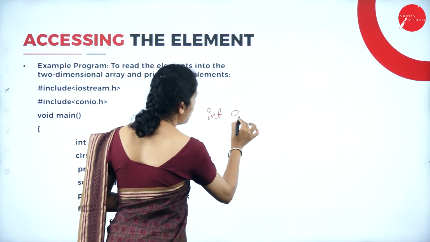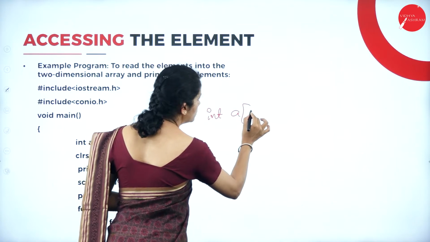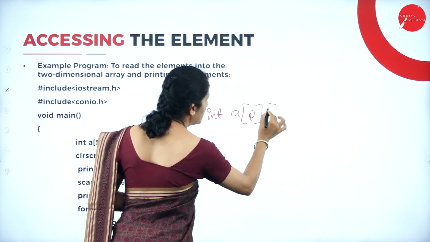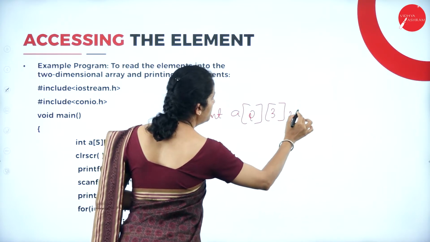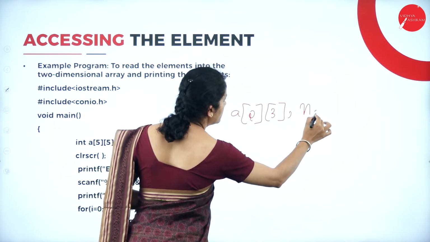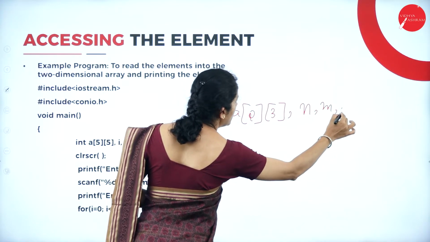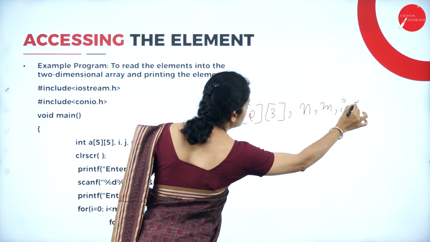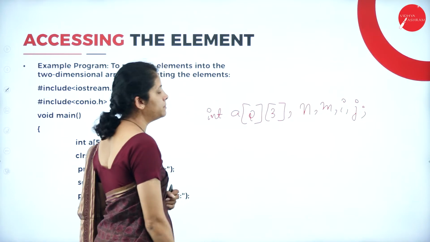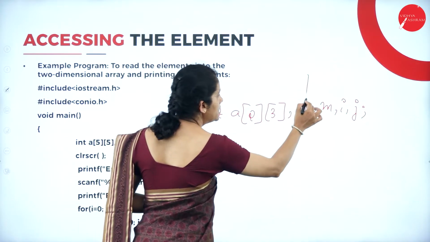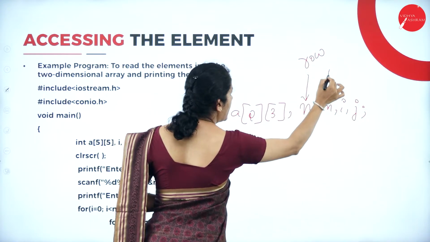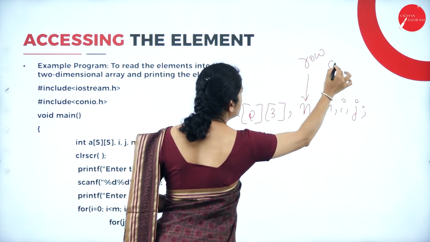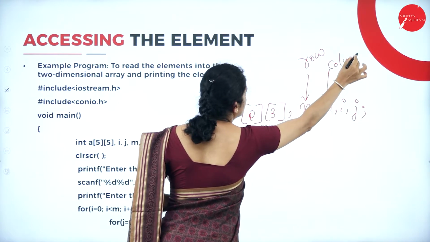int a of 2 and a of 3, comma, n, m, i and j. Now, dear student, please remember here that n is nothing but my row and m is my column.